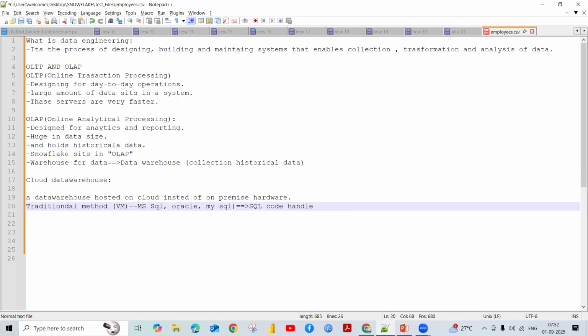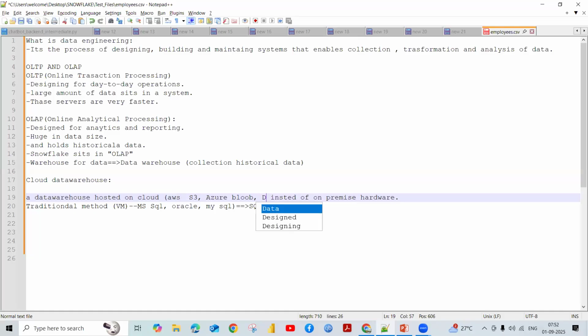In Snowflake also we use SQL code only, but the only thing that differentiates a traditional warehouse from a cloud data warehouse is the cloud, the method of holding your data. So here we are using AWS S3, Azure Blob, and GCS, which is a storage service offered by Google Cloud, right?